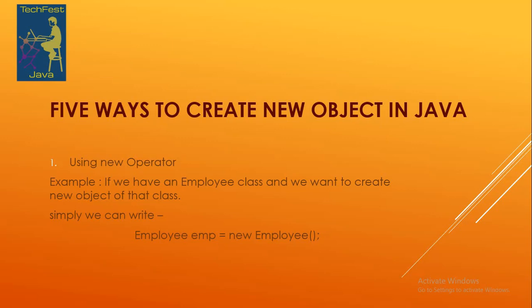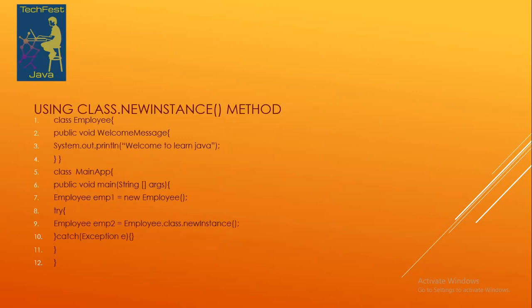Java. The second way is by using the Class.newInstance method, that is basically using reflection. Reflection is another broad topic of Java. By using reflection we can create an object of any class in Java. Here we have taken an example.